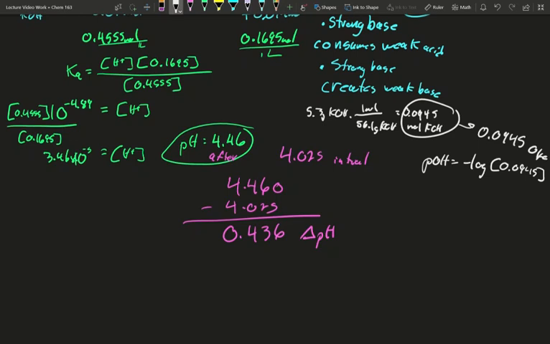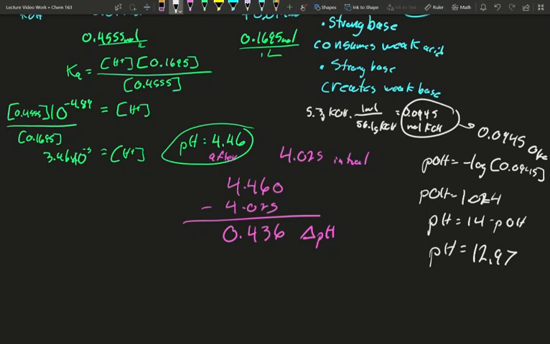Again, this was a 1 liter solution, so our moles is our molarity. This would have been a pOH of 1.024. So our pH would have been 14 minus the pOH. Our pH of just the potassium hydroxide on its own would have been 12.97.